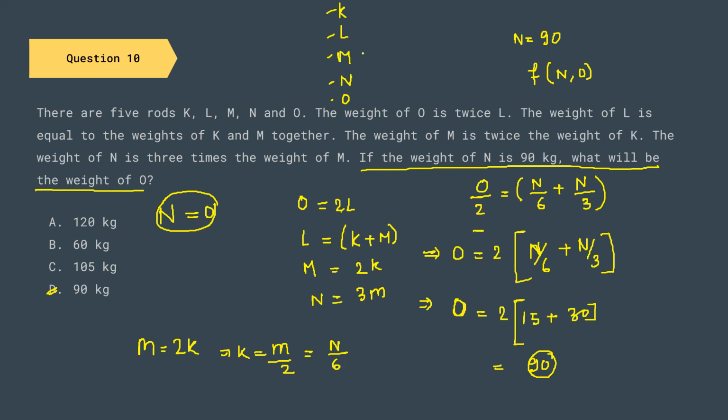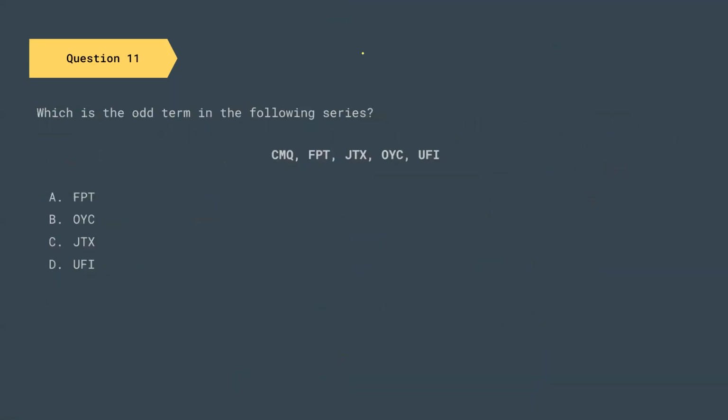They have given me the value for N, so I'm going to find a function expressed in terms of N and O, and then we can put the value for N and find the value for O.